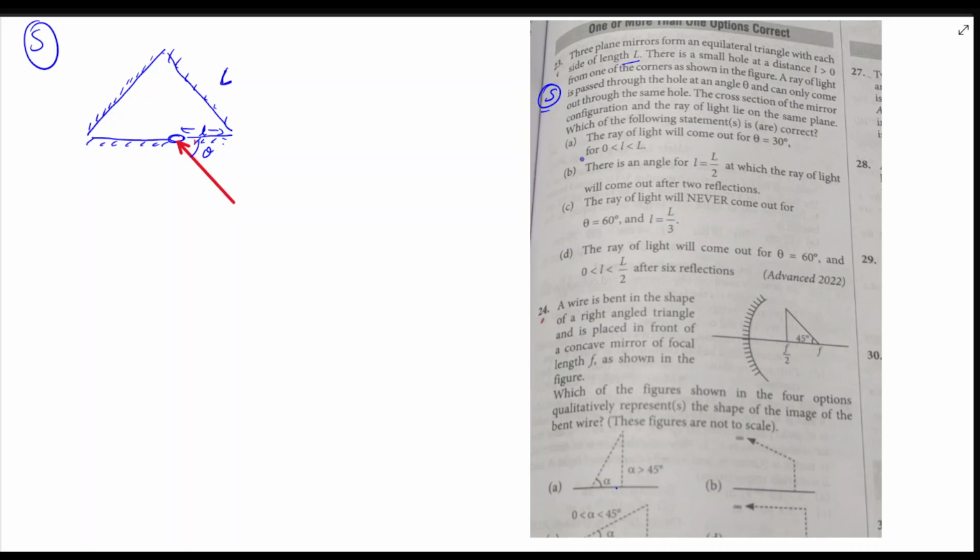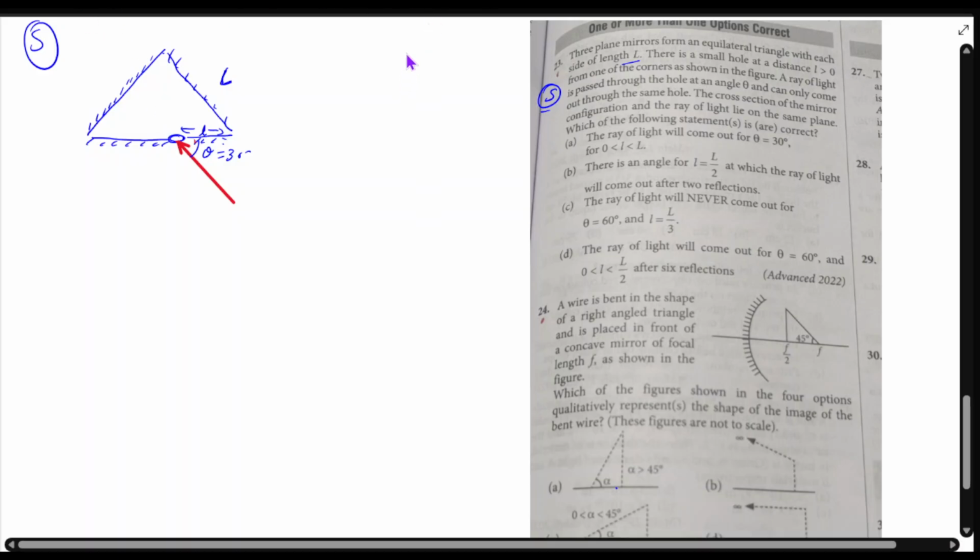Which option is correct? Let's check the options, because there can be an infinite number of situations. Let's check option A. The ray of light will come out for theta equal to 30 degrees for any l. From 0 to L you can take the hole anywhere, but it should come out for an angle of 30 degrees. So let's take this angle 30 degrees. Now this ray of light will go like this.